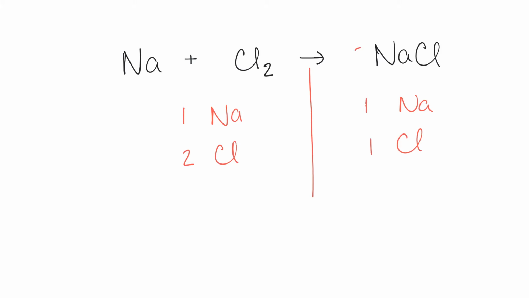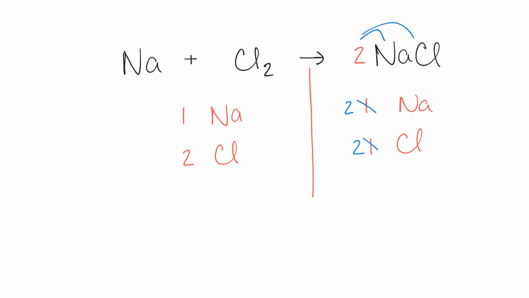So I'm going to double my sodium chloride. Remember, we can't change the subscripts. You can't add more chlorine without adding more sodium because they've bonded together. So that means I now have 2 sodiums and 2 chlorines. Well, now my chlorines are balanced, but my sodiums are not. So what do I need more of?